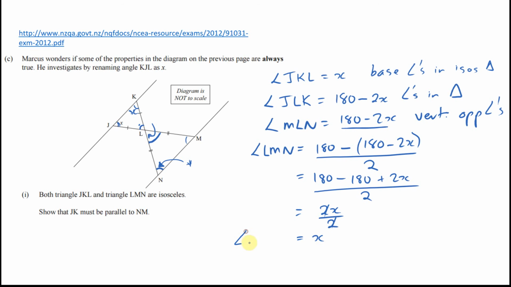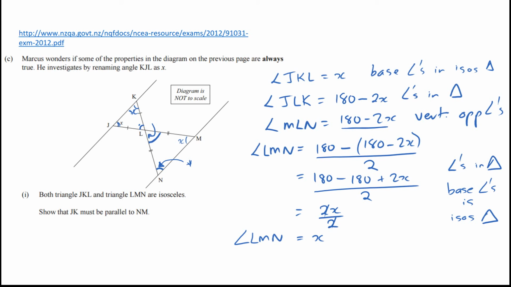So angle LMN is equal to x, which is this angle here, which means that this angle here must also be x because they are base angles in an isosceles triangle. I just need to put a reason here. This was angles in a triangle and base angles in isosceles triangle.